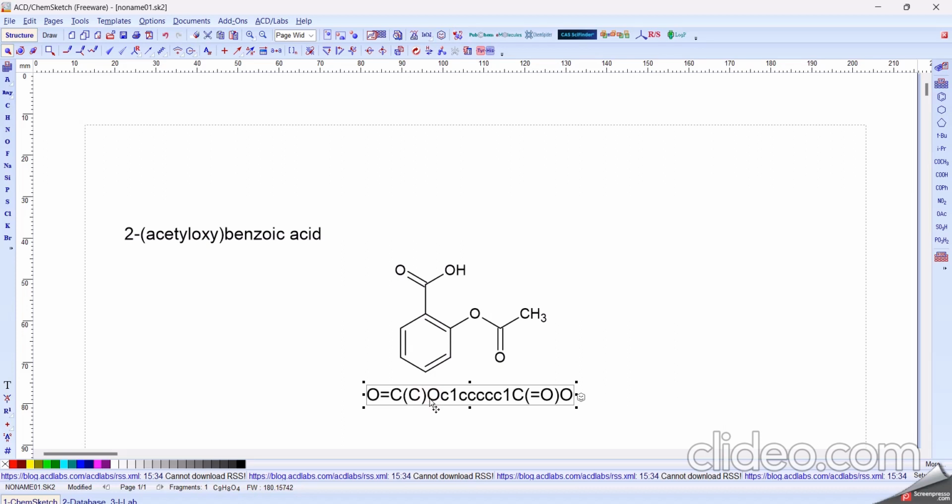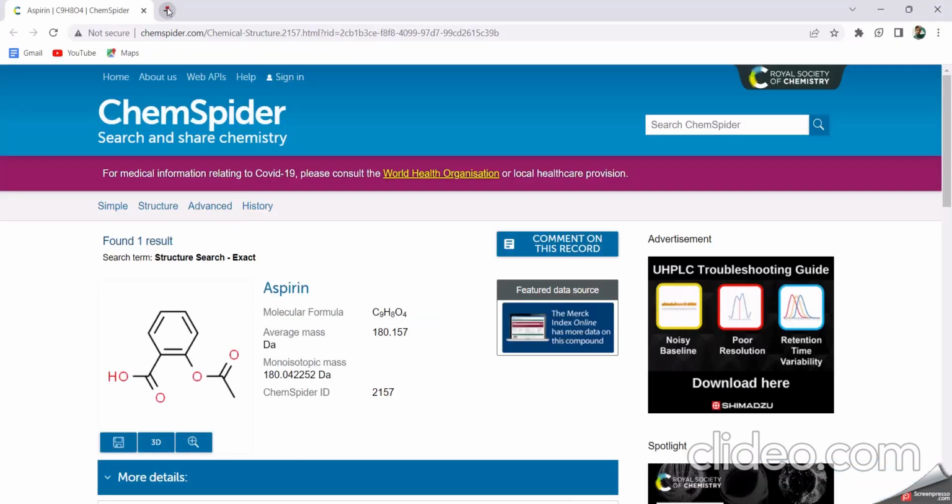searching the structure by using ChemSpider and PubChem. For example, by copying this SMILES, first select and copy, then go to ChemSpider. This is ChemSpider.